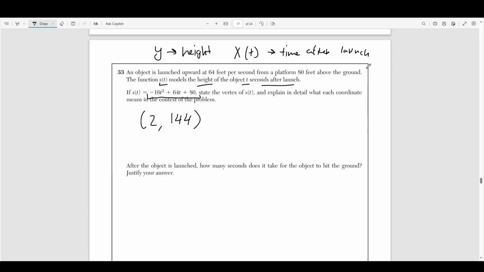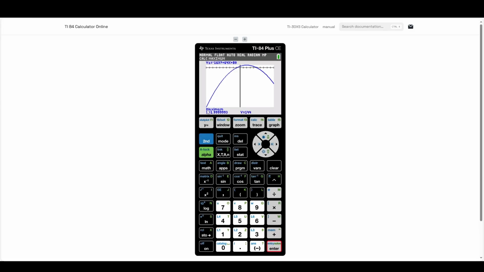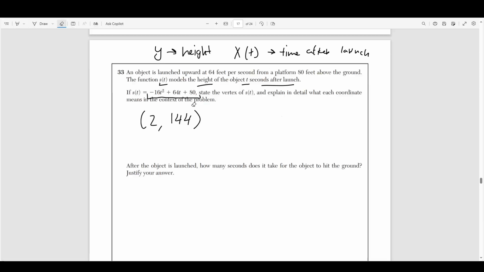Okay, so this means that, notice how we calculated the maximum. This means that the object reached its maximum height of how many feet?